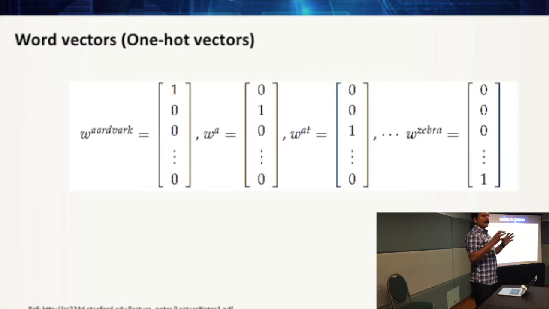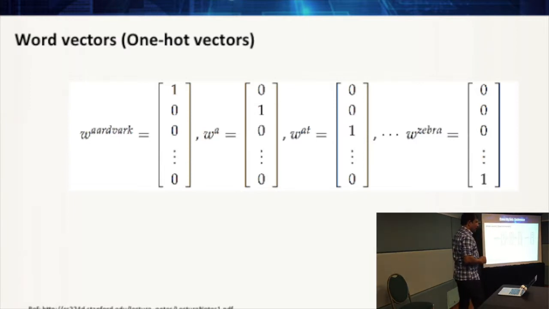The concept of one-hot is you have a vector where all the numbers are zeros except one number, and that one number signifies the location of the word in the vocabulary. So the first word is represented with 100,000 zeros except the first number being 1, and the second word is represented by 100,000 numbers, everything zeros except the second number being a 1. That's called a one-hot vector.